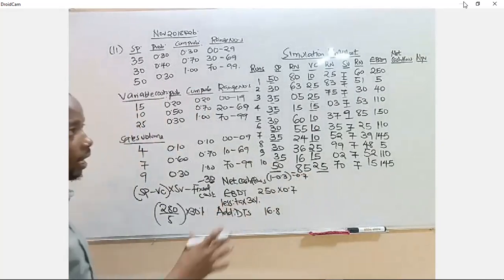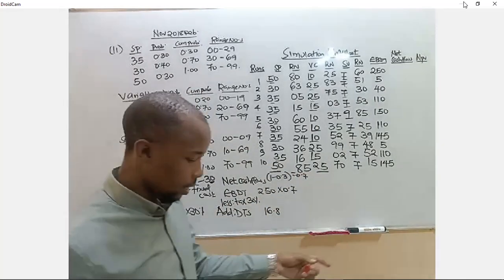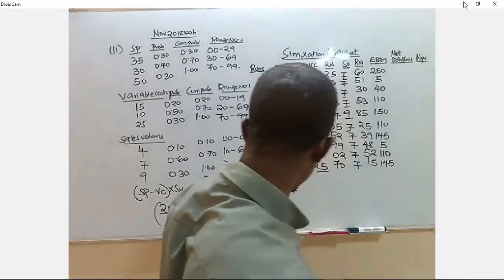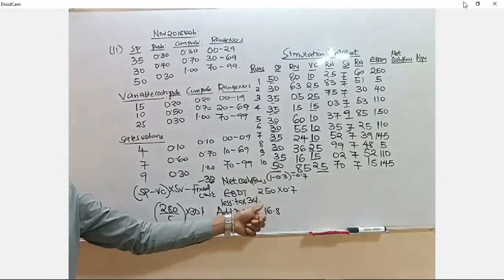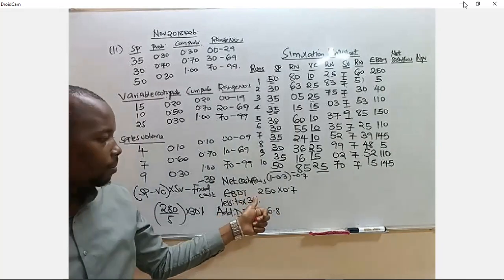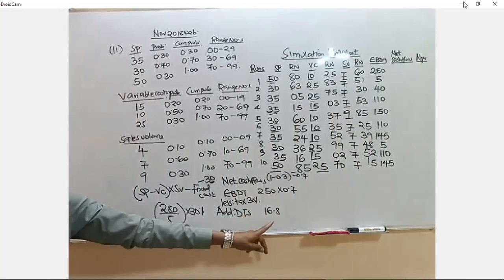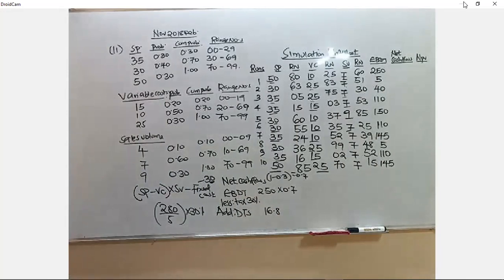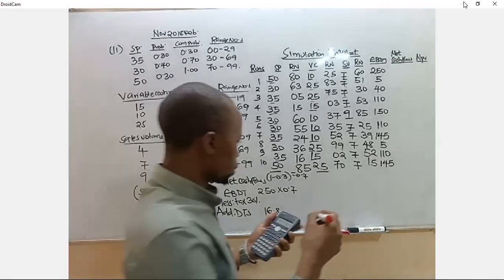So because staki calculations mingi na mimi ni mwerevu sana kwa mtihani, can I just take my earning before depreciation and tax and then I multiply by 0.7 and then I add straight away the depreciation tax shield? Let's say 250 times 0.3 unapata 75. 250 minus answer unapata 175 plus 16.8 unapata na 191.8. What if I take 250 times 0.7 plus 16.8? I'm getting the same answer. So let me use the shortcut.